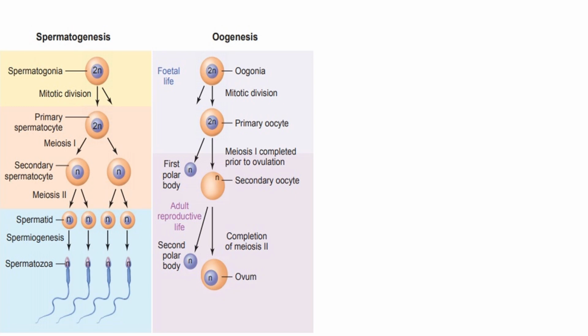The secondary oocyte will remain arrested in metaphase of the second meiotic division, and the second meiotic division is completed only after fertilization. Then the germinal epithelium is involved in production of gametes in males, whereas it does not produce gametes in females. So these are some of the important differences between spermatogenesis and oogenesis.